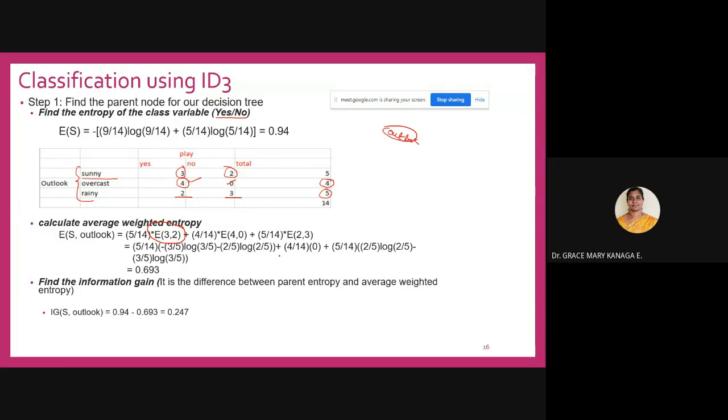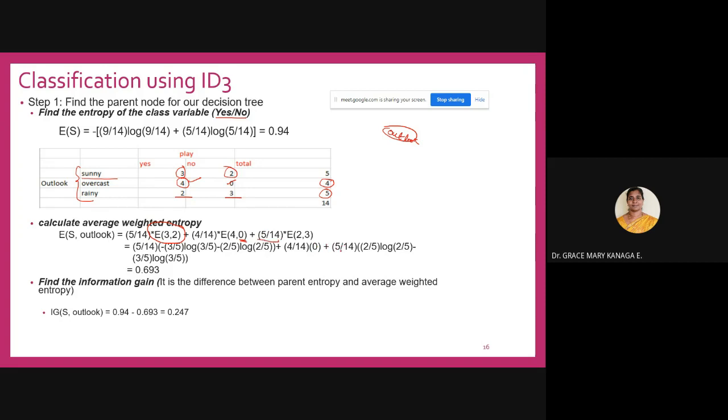Plus this term, 4 by 14. Since a 0 is coming, when you divide everything it becomes 0, so we straight away put 0, plus this one.